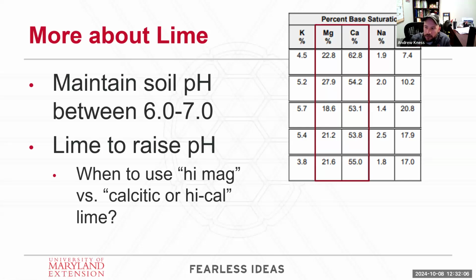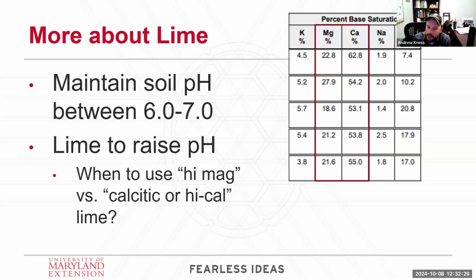The other thing that I try to get people to pay attention to is their ratios between calcium and magnesium on their base saturation. So sometimes what can happen is typically high mag lime or dolomitic limestone, which is magnesium carbonate, typically that is a much cheaper limestone product than calcium carbonate.